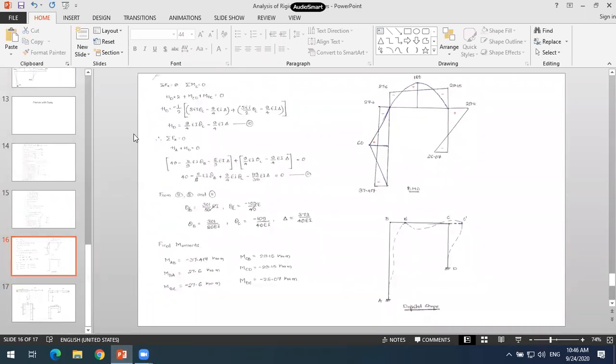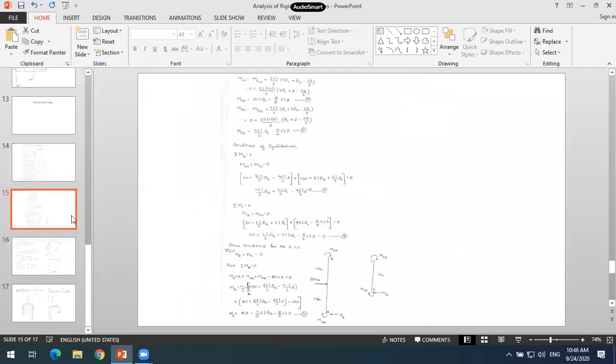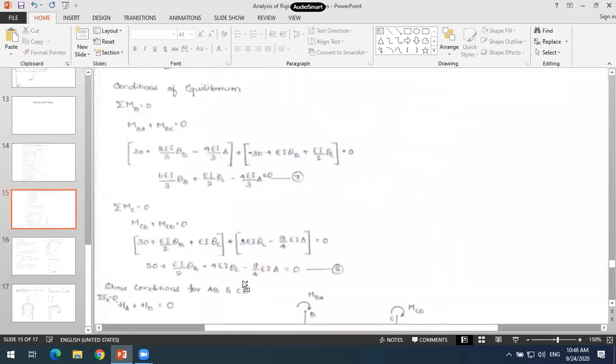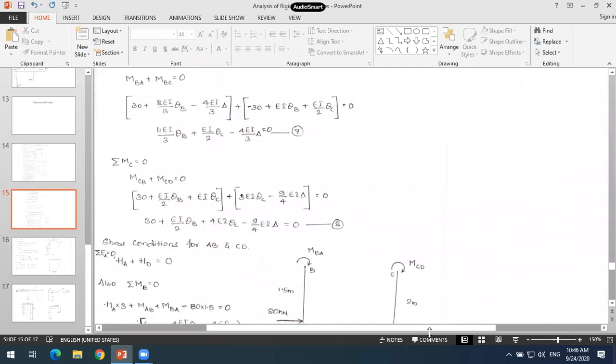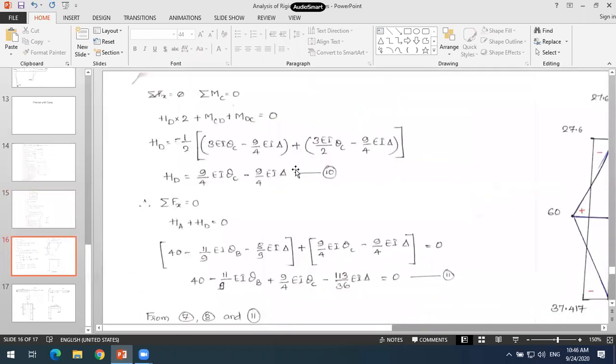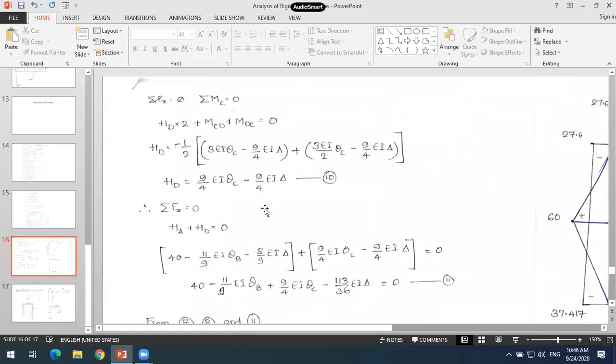Other than that, the delta sign and the shear condition, how you come across that shear condition. The equilibrium condition you have been using in non-sway analysis as well as in the beam part also. But here the difference is that an additional condition has to be taken into consideration, which will help us solve the problem. That additional condition is this shear condition.